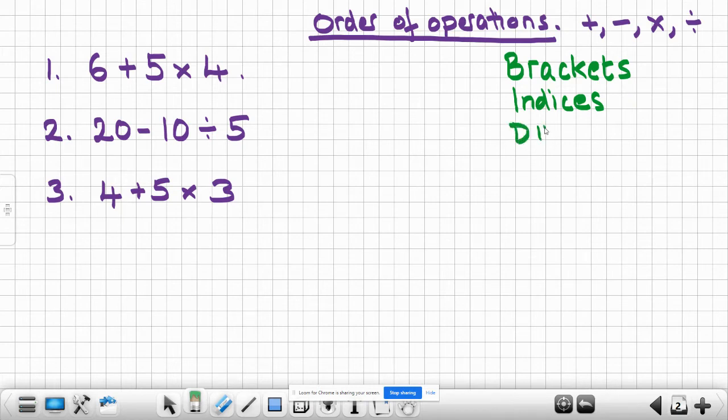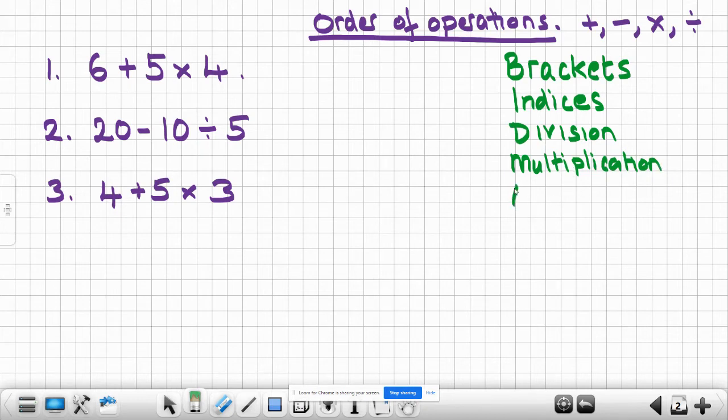We then have division and multiplication. And they come together. They are a pair because they're the opposite of each other. And we can do them in either order, but they must come after the brackets and indices. So division and multiplication.